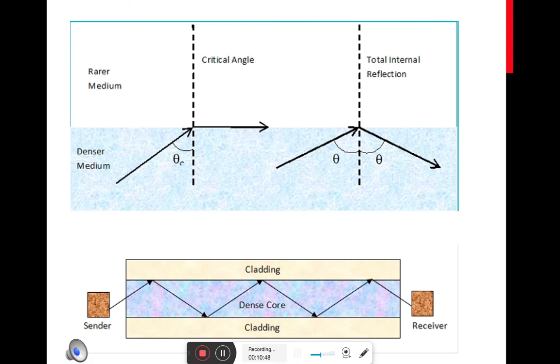That is, it will be reflected back to core itself rather than going to cladding. So again, the second ray is incident on a core cladding interface, which when it is incident at an angle greater than the critical angle, then it will be reflected back to the same core itself. So through multiple total internal reflection process, the wave propagates from the sender to receiver.